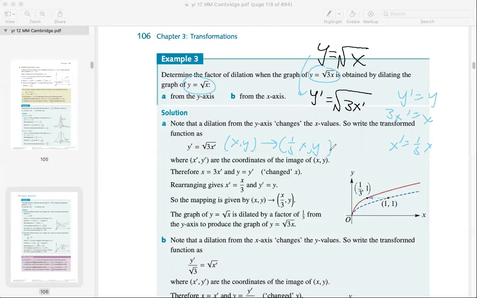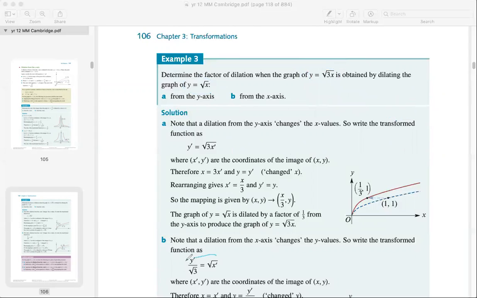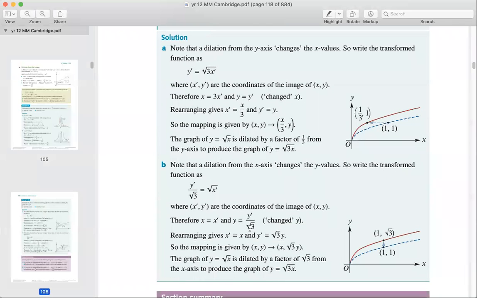Of course, this dilation can also be done the other way, from the x-axis, but we need to rearrange a little to look like this one. Then we see over here, again using the coordinate method, y just becomes root 3 y. This highlights two things.